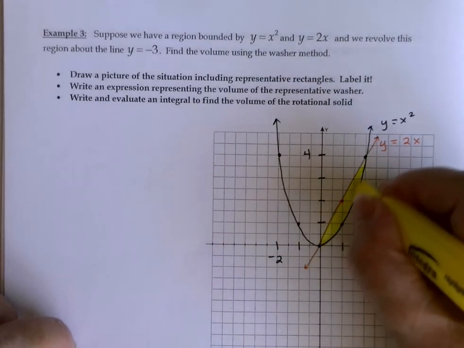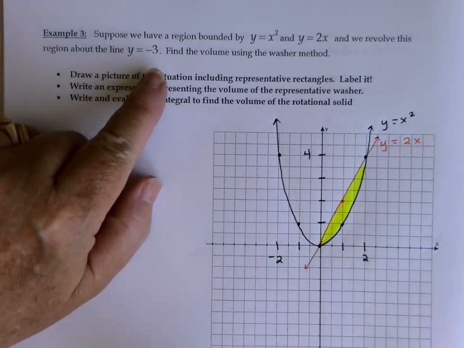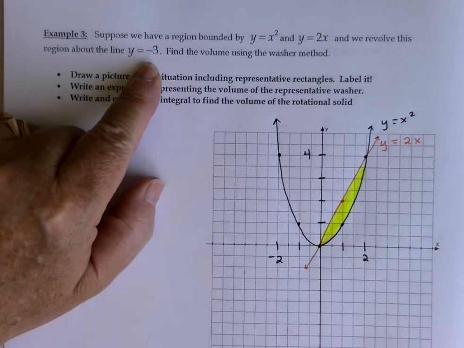There's our very familiar shape. And this time my axis of rotation is y equals -3.